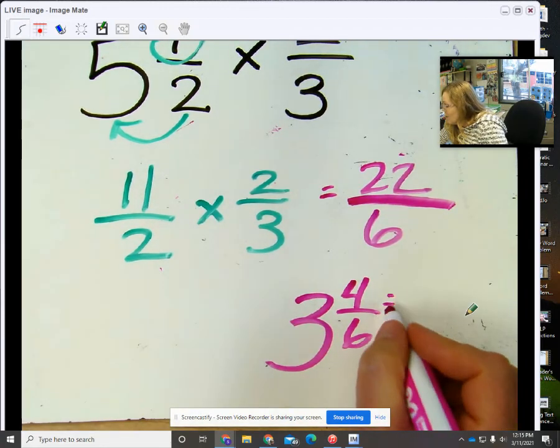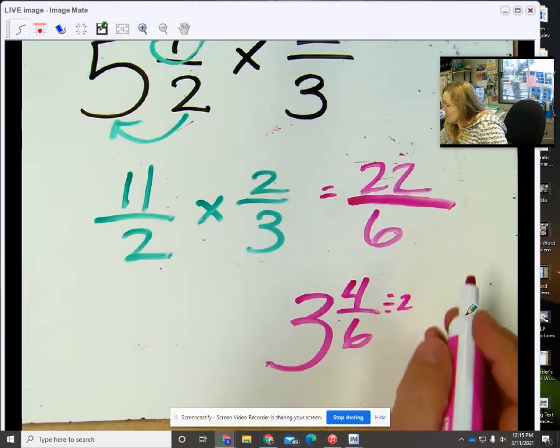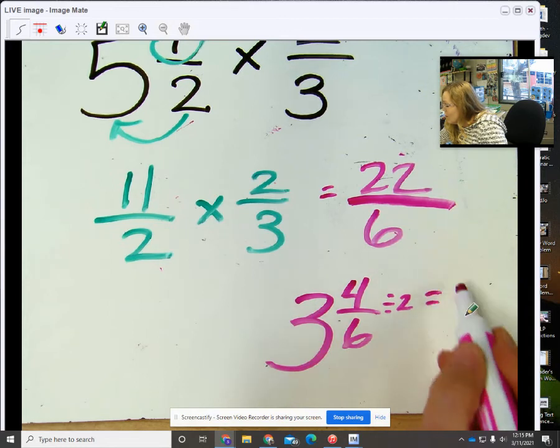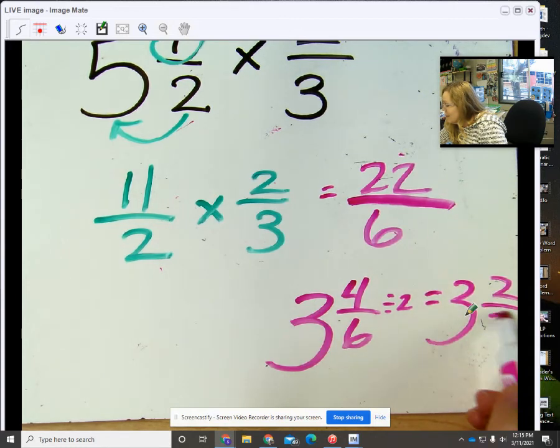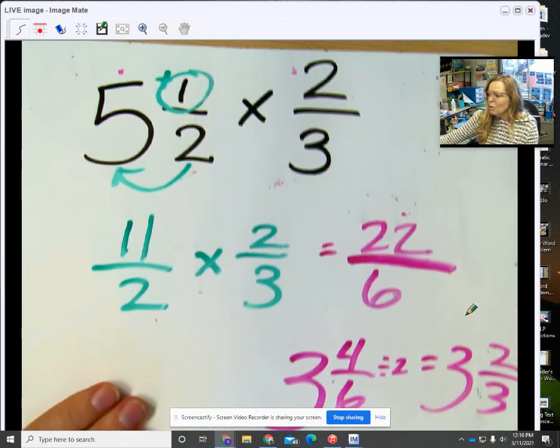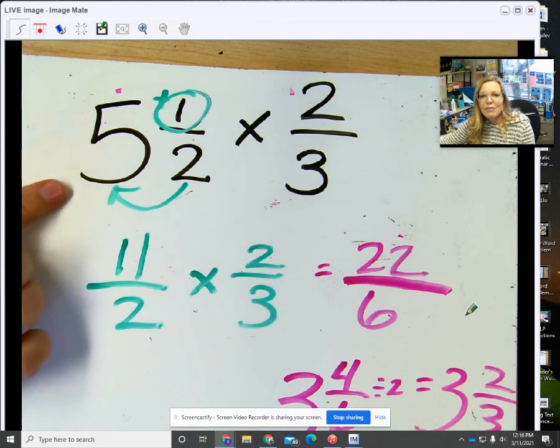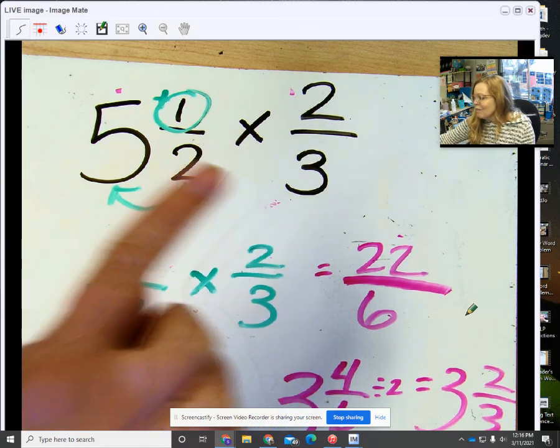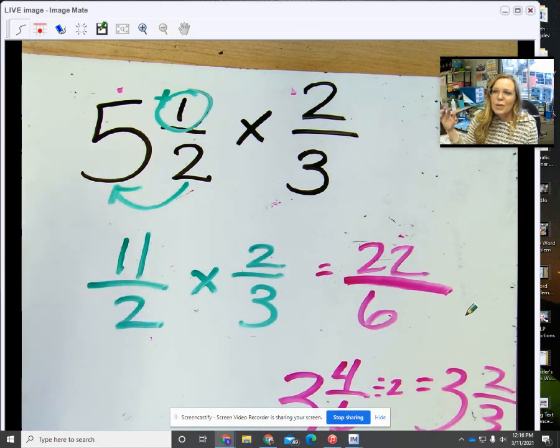And 4 and 6 can both be divided by 2. So my final answer would be 3 2/3. Just like we came up with when we decomposed. However, the most efficient path to multiplying mixed numbers and fractional units is to convert the mixed number into an improper fraction. It'll save you some time, Nerdy-Nawg-Dawgs. Have fun.